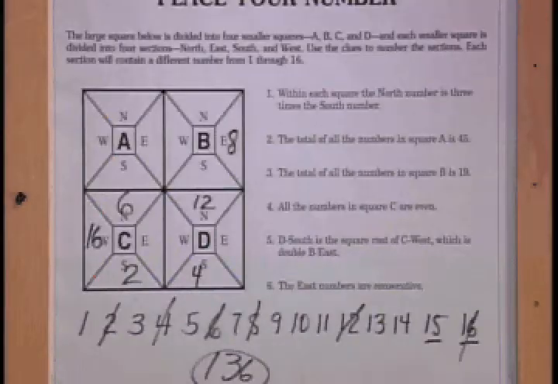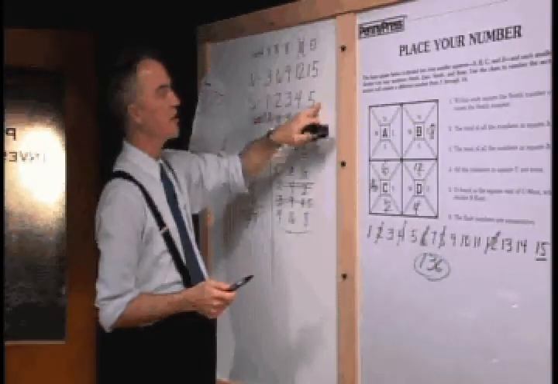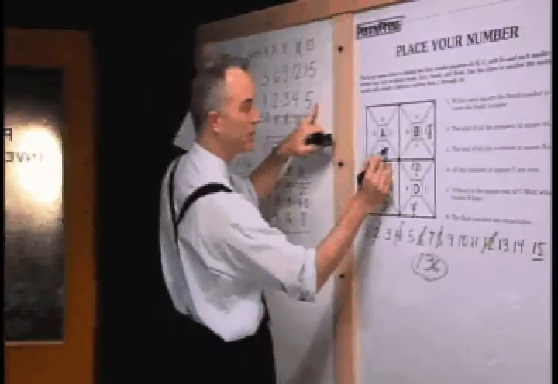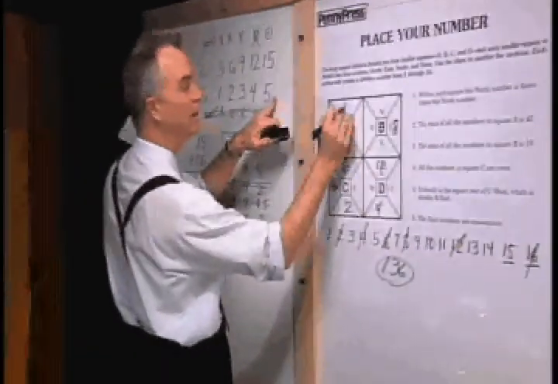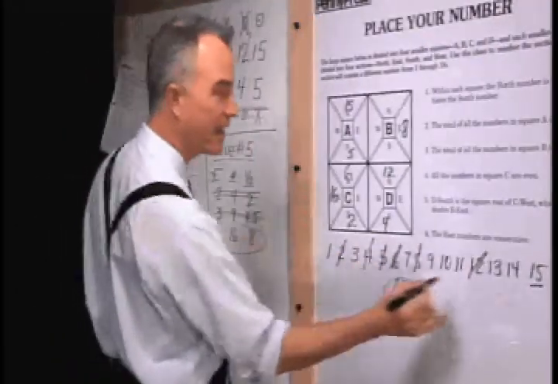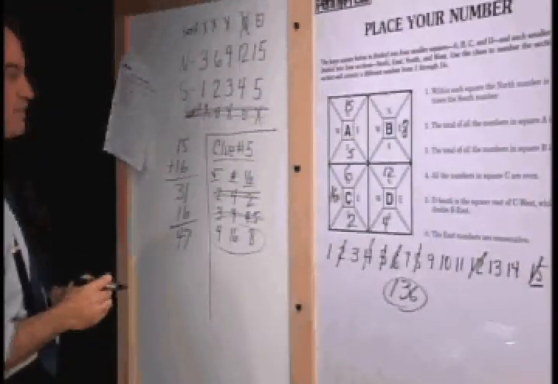That eliminates this possible combination for section A. The numbers for section A, north and south, then can only be 5 in the south location and 15 in the north location. We can then eliminate 5 and 15 from our number list.